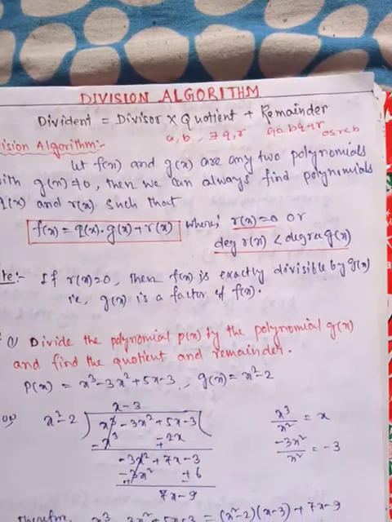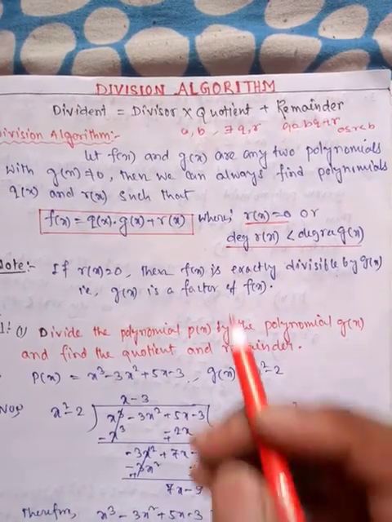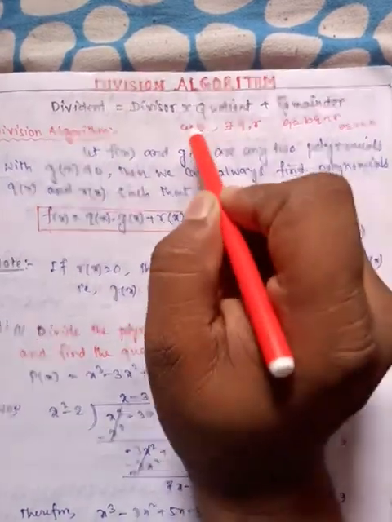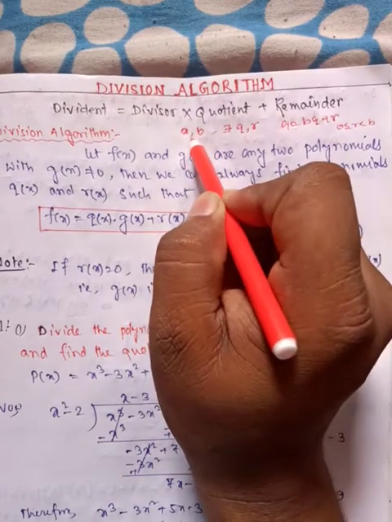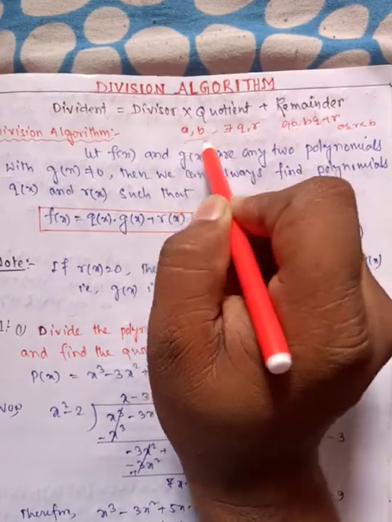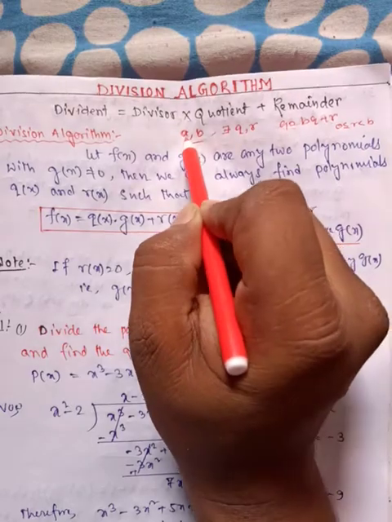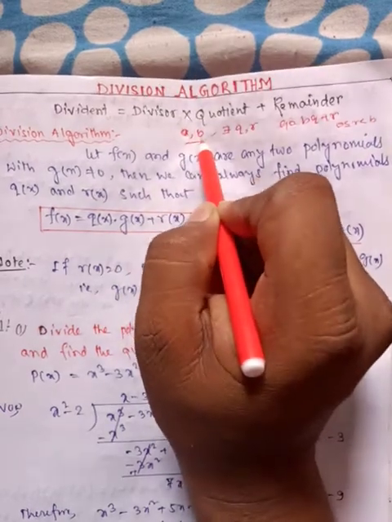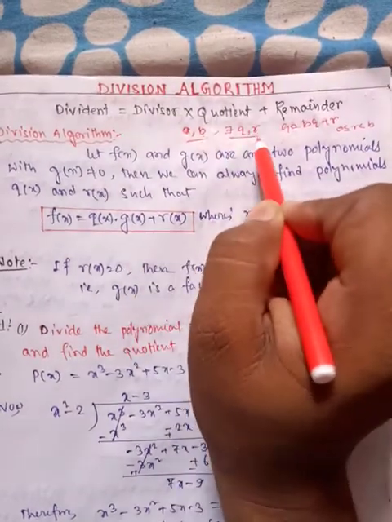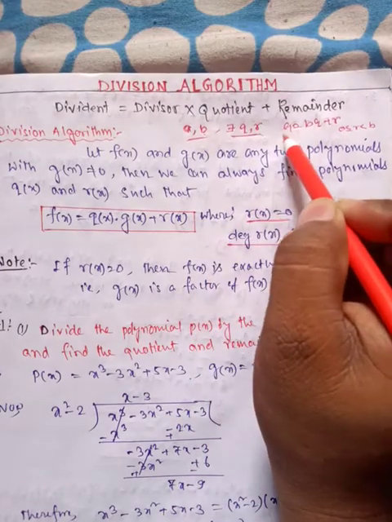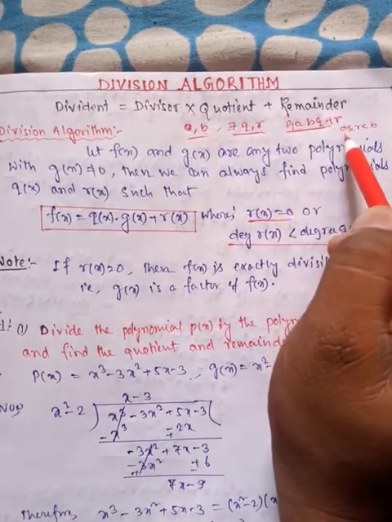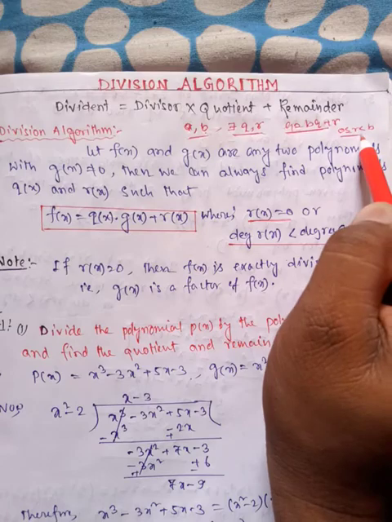Division algorithm for polynomials. Previously we have studied division algorithm for real numbers. Now we are going to remind it. If a and b are real numbers, then there exist integers q and r such that you can write a equals bq plus r, where 0 is less than or equal to r less than b.